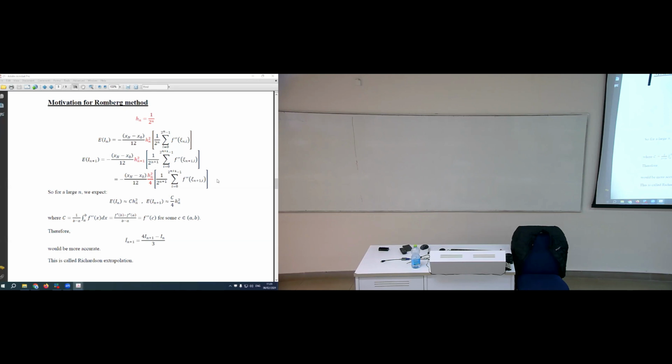It equals c plus epsilon 1 and c plus epsilon 2, where epsilon 1 and epsilon 2 are very small because h is small. So we know that this will have an error not of order h squared, because we made the error of order h squared cancel out. Okay, so this will be of order h to the 4th. That's what we expect.